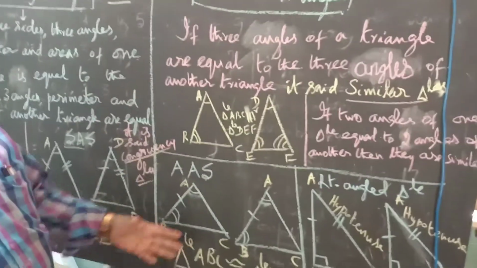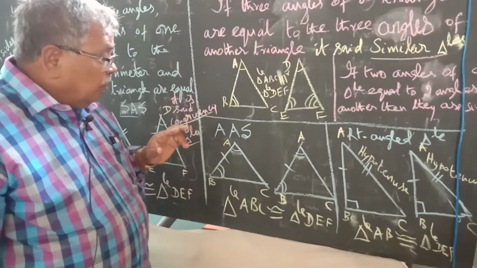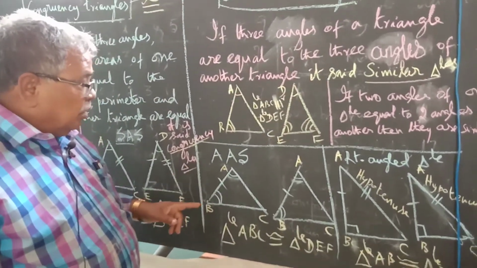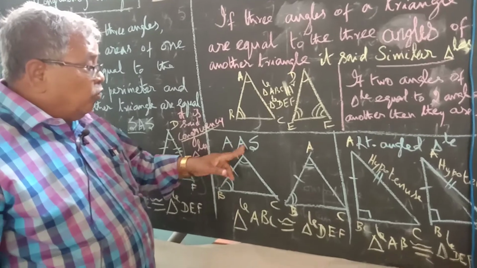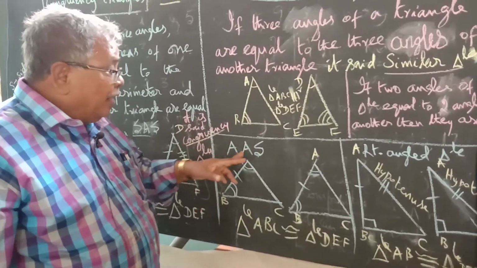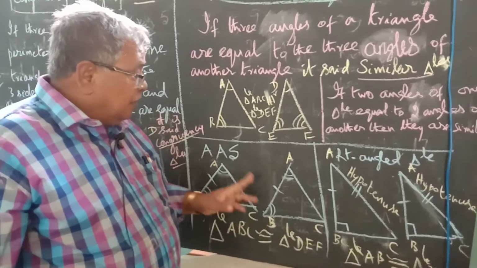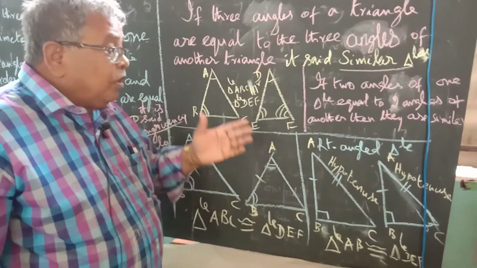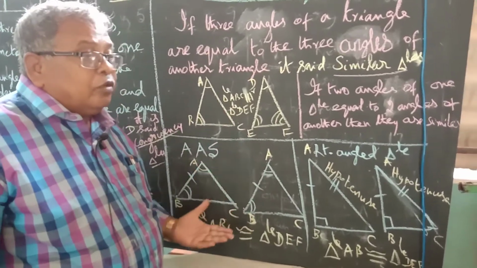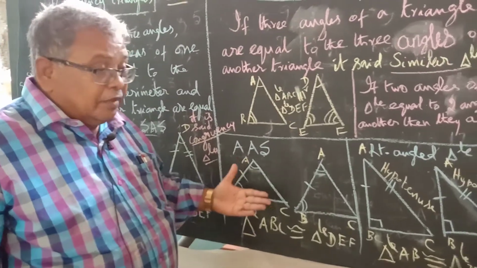Now let us pass on to the third one, AAS. If two angles and one side of a triangle are equal to two angles and one side of another triangle, then also we can conclude that those two triangles are congruent.